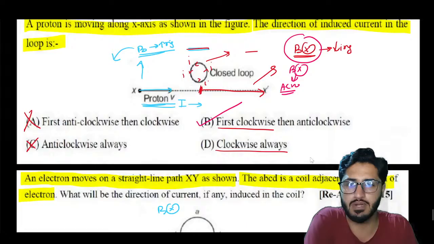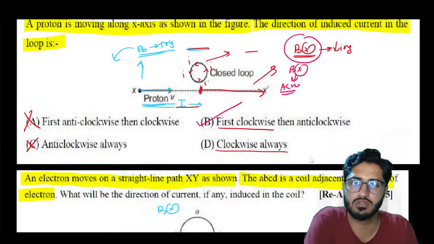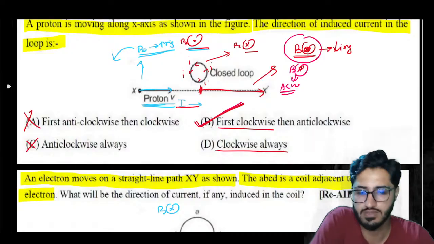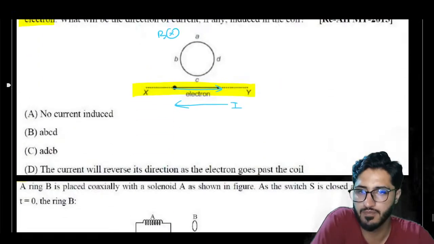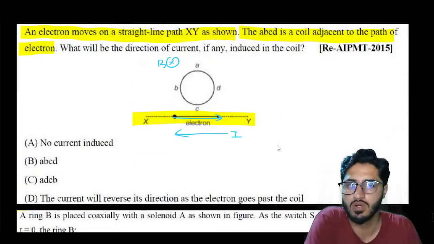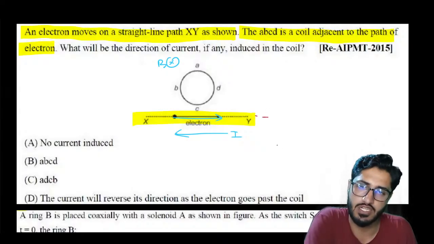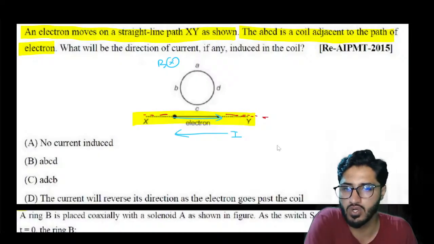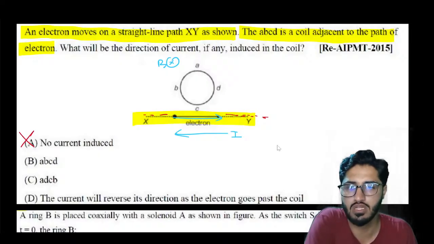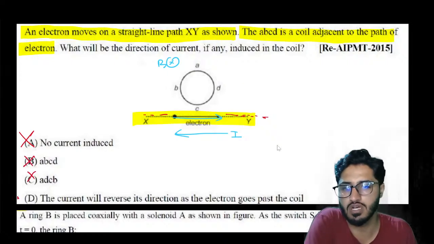My answer is correct, but look, current is here. So B will be dot, B will be cross, B will be dot, B will be dot. Answer is correct. First clockwise, then anti-clockwise. Okay. Look now. If my current is going in this way, it is decreasing. Firstly, it should be increasing, then decreasing. No, wrong. ABCD. No, it is not constant. No, answer only this one.